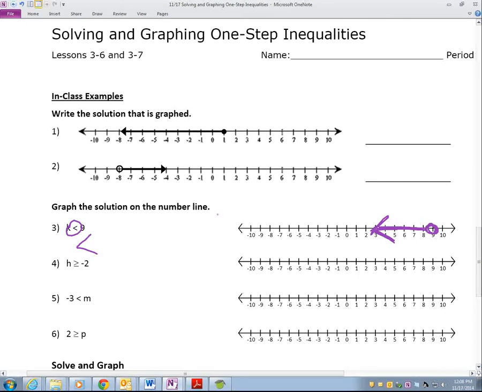It says in-class examples, but since we did this one together, guys, why don't you do 1 and 2?